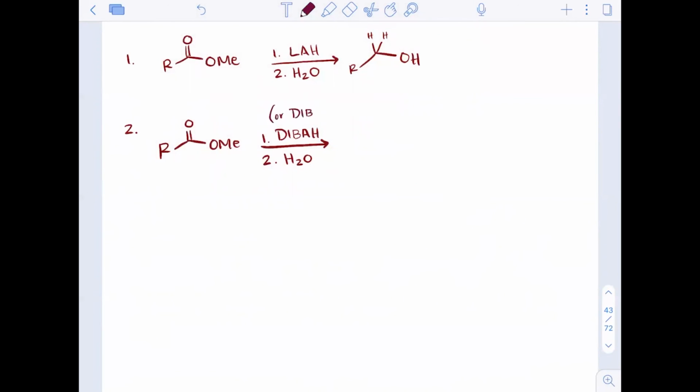Depending on what textbook you use, sometimes written like that, diisobutyl aluminum hydride. I'm going to draw it right down here. Diisobutyl. Isobutyl is that group attached onto an aluminum. There's two of them, diisobutyl aluminum hydride. There's DIBAL-H.